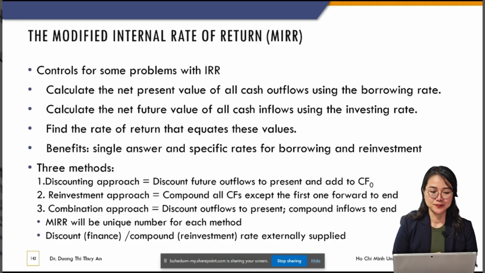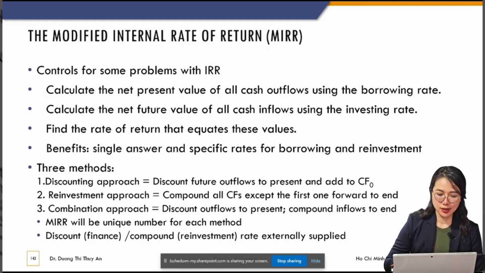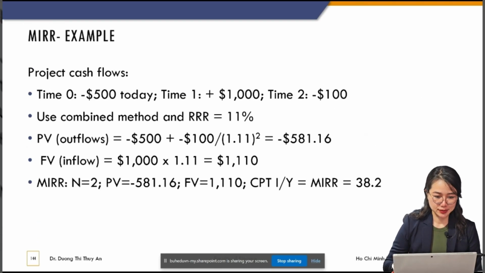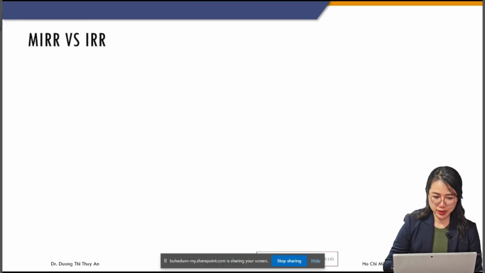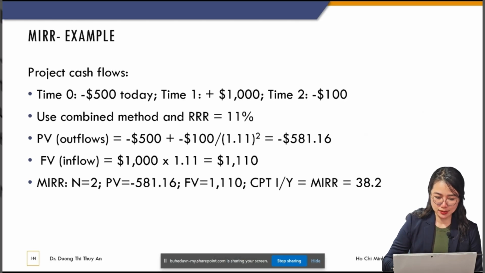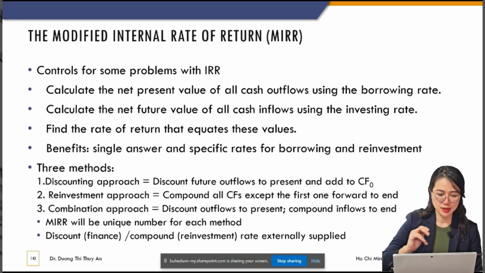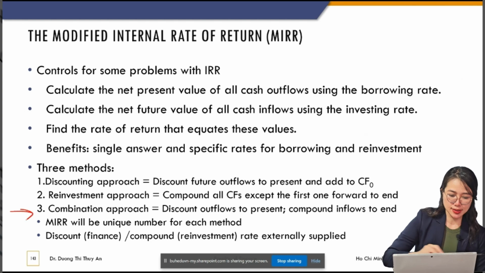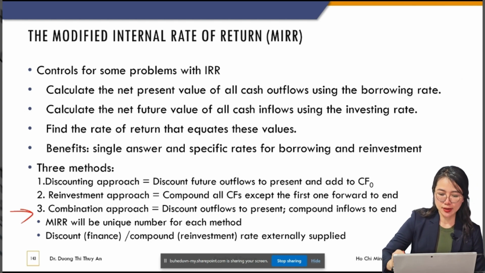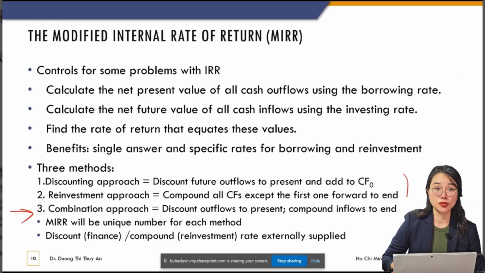And there are 3 approaches to MIRR. Let's work on them one by one. Here we have only one. There are 3 methods, but I only introduce this combination approach. The other 2 approaches, please take a look in your textbook.